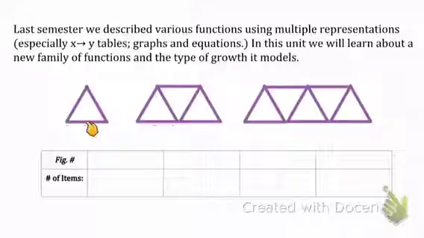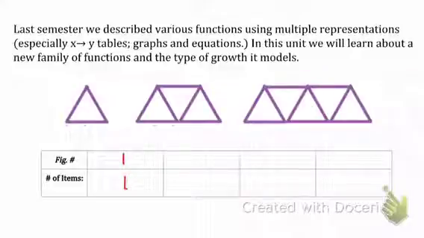In the first figure, how many are there? And what am I looking at? Lilybeth, what shape am I looking at? And how many are there in the first figure? There's 1. So in the first figure, there's 1 triangle.